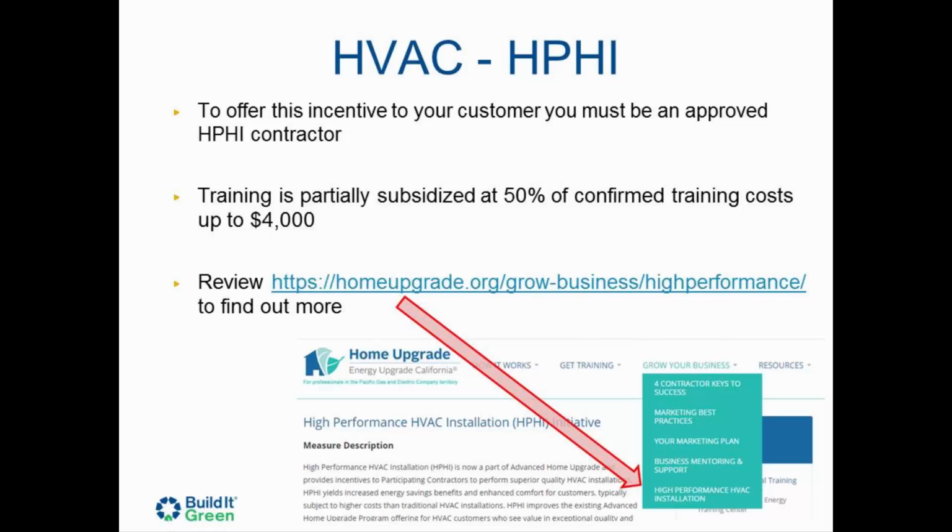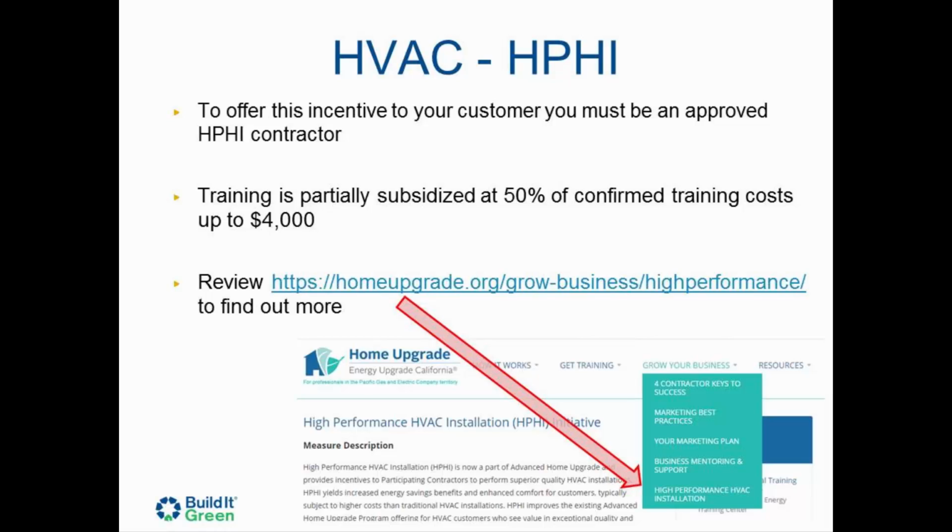But just know that the requirement is the same. It is effectively high-performance HVAC install. That's more of a contractor-facing communication, and that has with it its own separate incentive directly to contractors for that same measure, effectively per project.